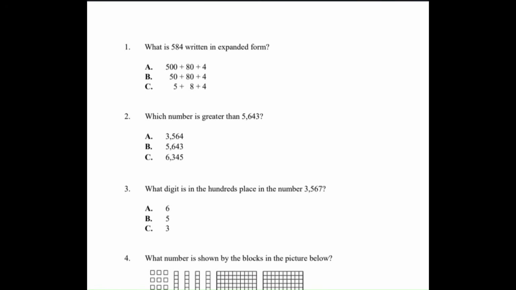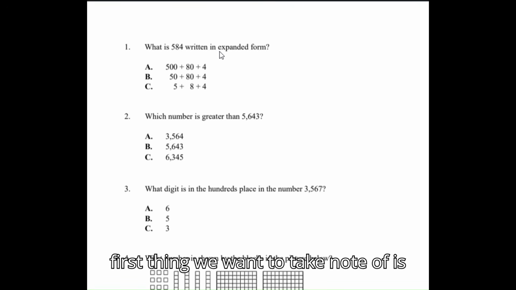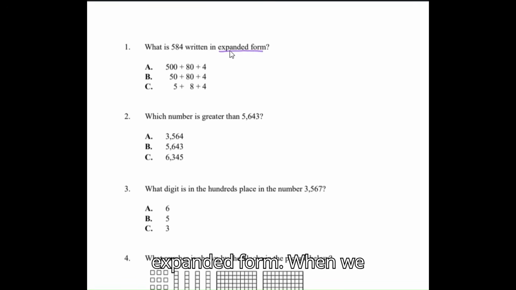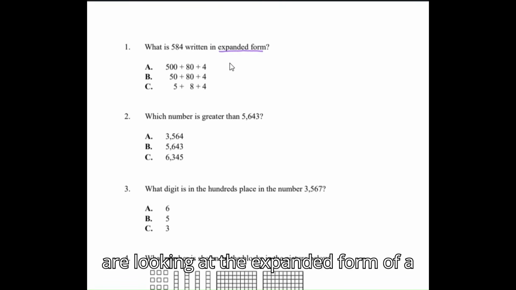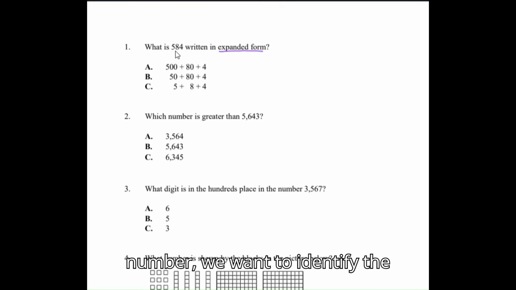So, let's go. Number 1 says, what is 584 written in expanded form? Now, let us look at the options A, B, and C. So the first thing we want to take note of is the expanded form. When we are looking at the expanded form of a number, we want to identify the true value of each of the digits.